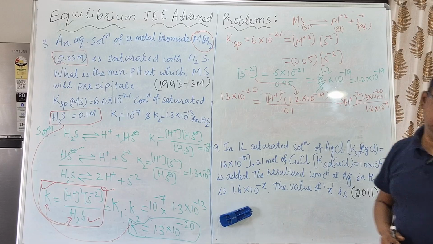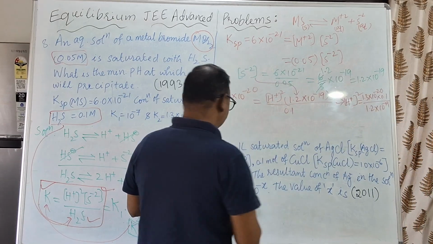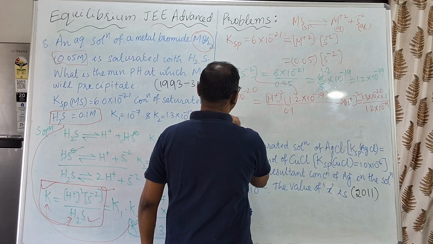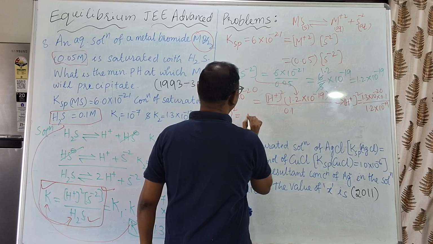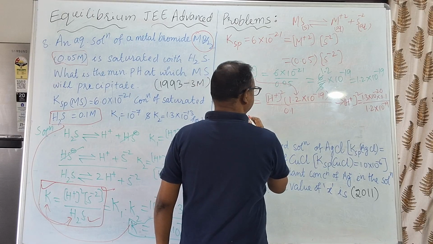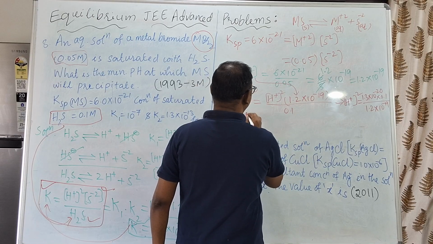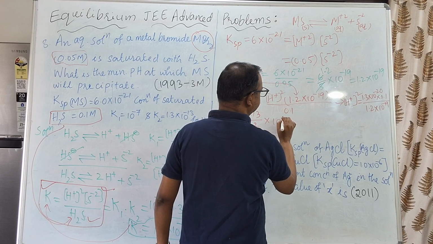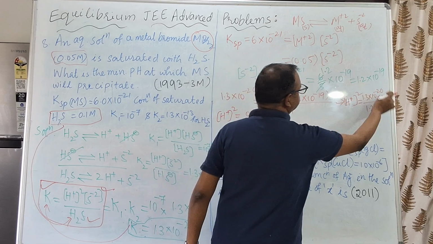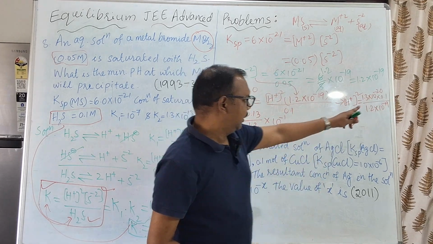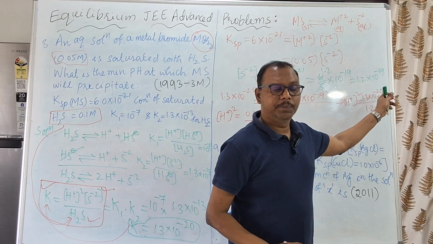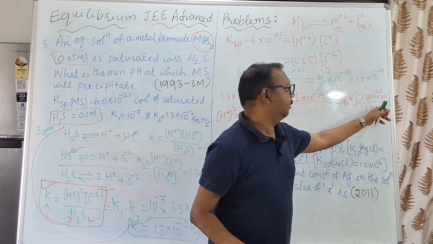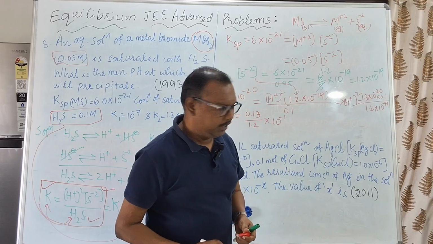Now, continuation, the concentration of H plus square is equal to 0.13 by 1.2 into 10 power minus 1. Minus 20 plus 19 becomes what? If minus 19 goes to the numerator, then it becomes 10 power minus 1, because bases are equal, powers will be added. We know that very well, correct?